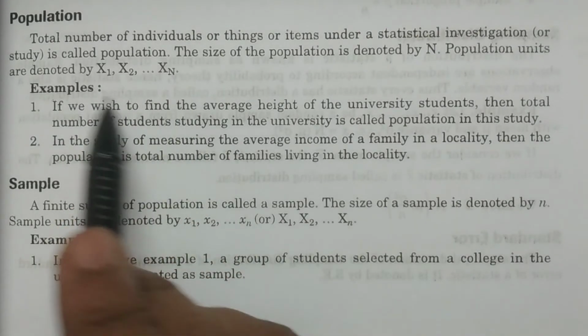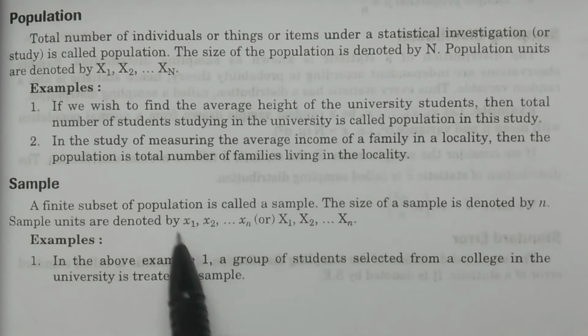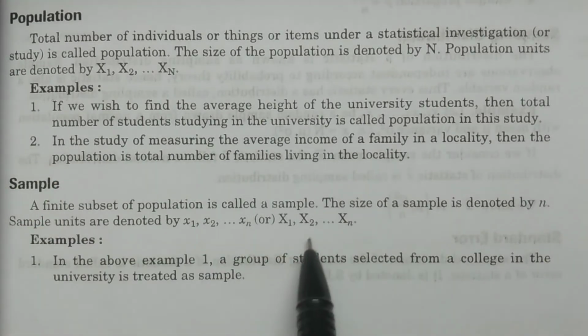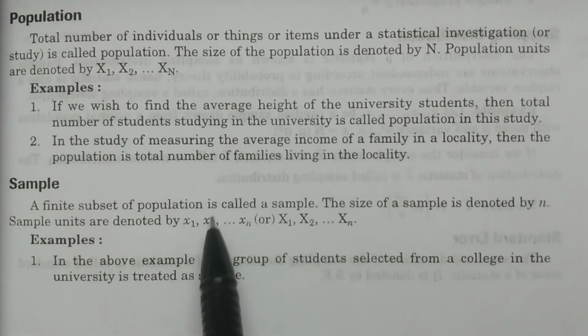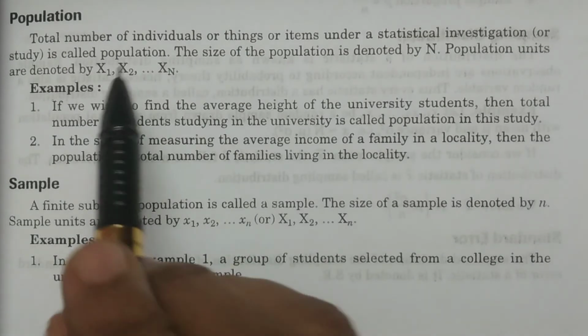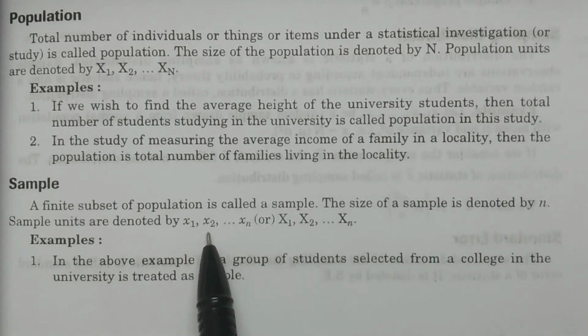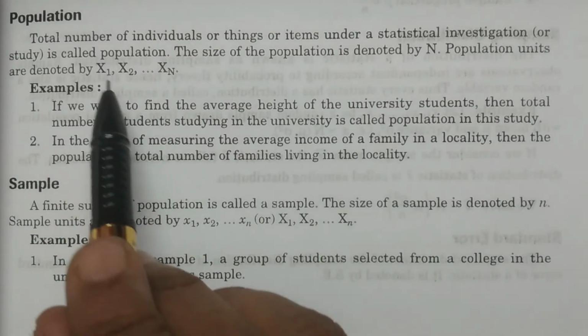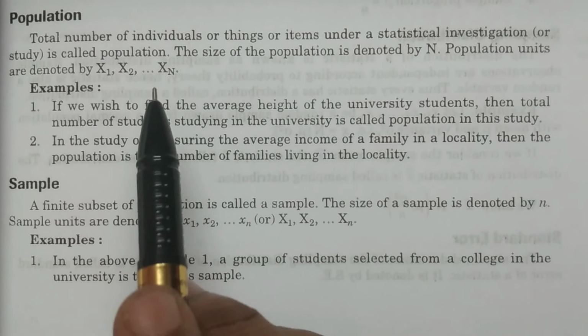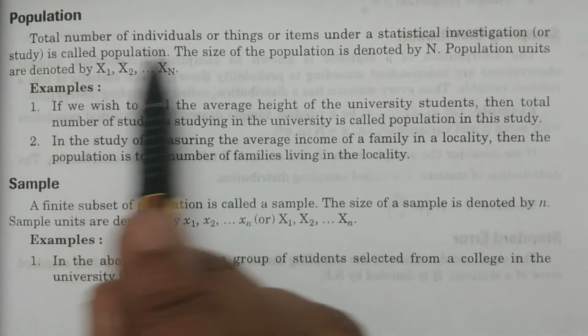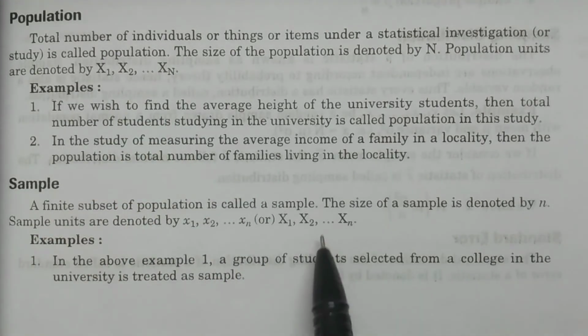Whatever small x1 you have drawn is one of the capital X's. Whatever small x2 is, that is also one of the capital X's. Maybe capital X10 we have considered here, and for example capital X124, the 124th unit out of 1000 may be selected. Out of 1000 units, another unit, for example the 252nd, is going to be selected.